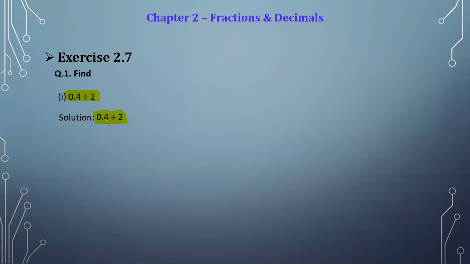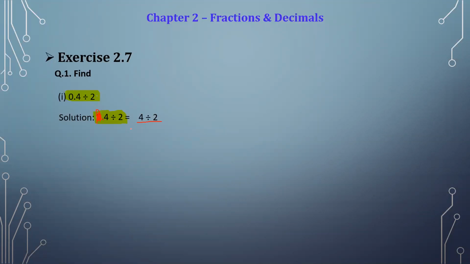After ignoring the decimal point, and the 0 which is present before the decimal point, we can also ignore that 0. So the next step is: 4 divided by 2.